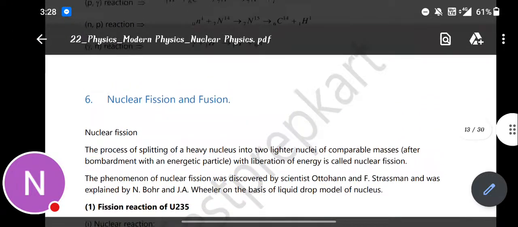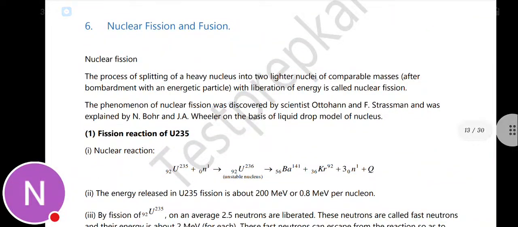Nuclear fission is the process of splitting of a heavy nucleus into two lighter nuclei of comparable mass, which means the lighter nuclei have almost the same mass, with liberation of energy.